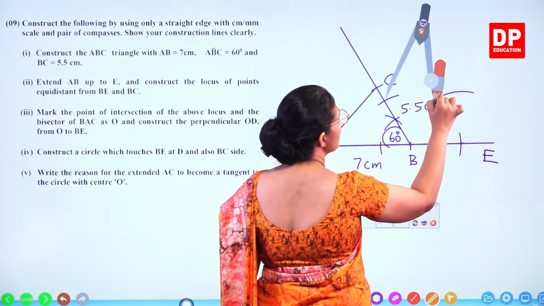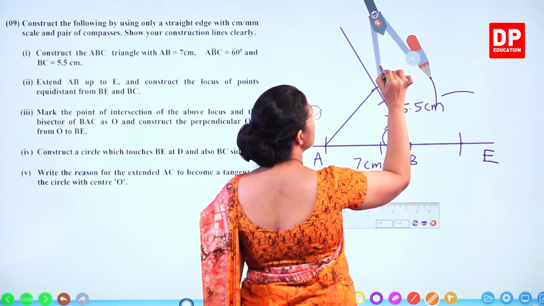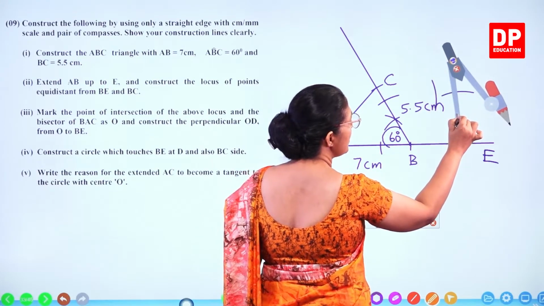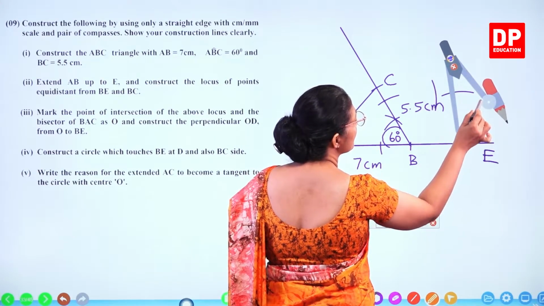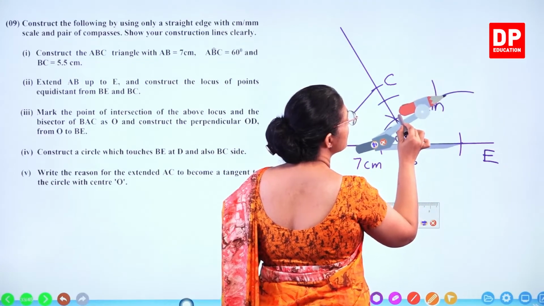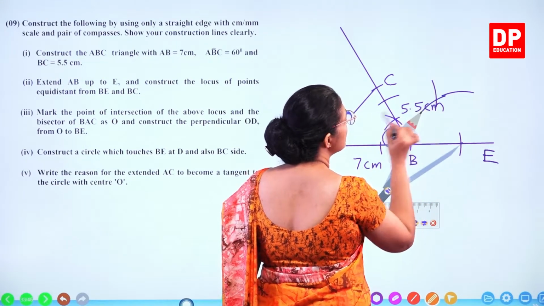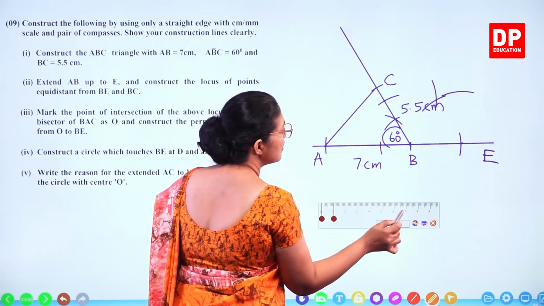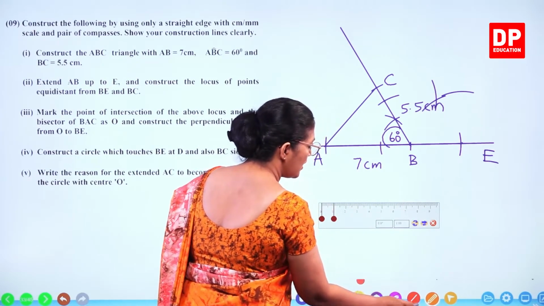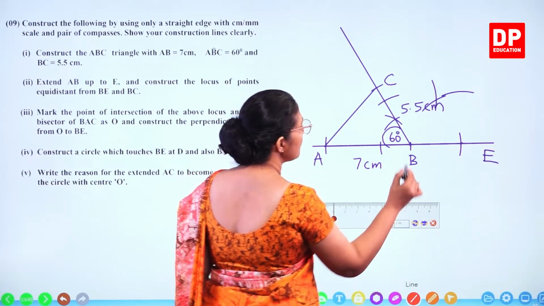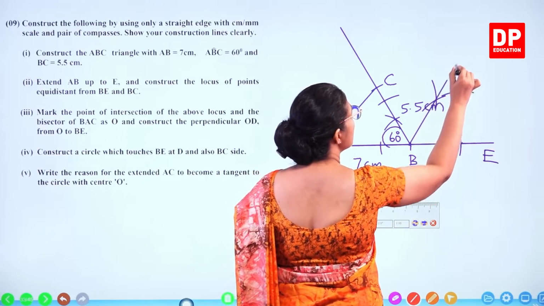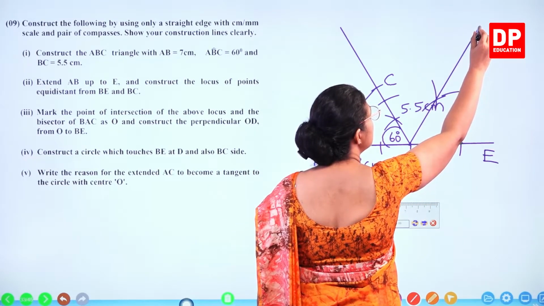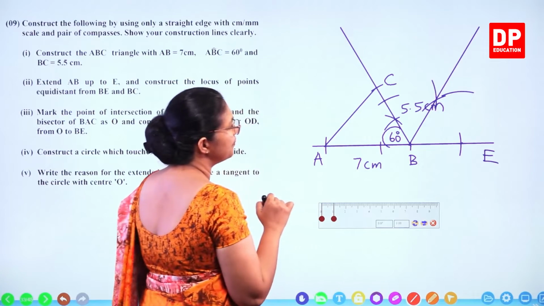Here you have to extend the other line. So I have to draw it again. From here, I have to again draw that. So here, this is the arc. So the intersecting point with B here is the angle bisector.